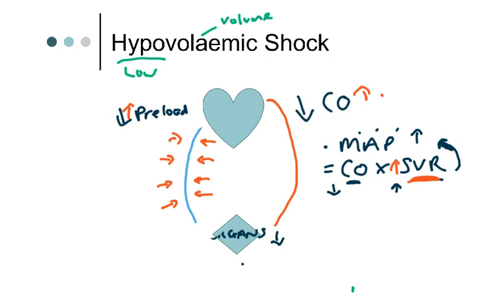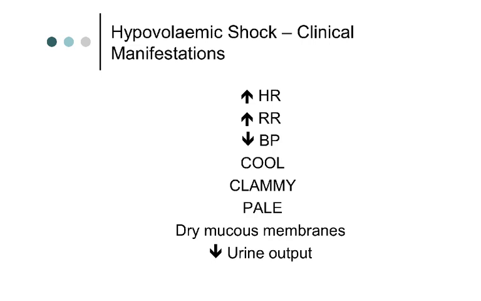This release of adrenaline will display the following symptoms in our patients. So a typical patient suffering from hypovolemic shock will have an increased heart rate or tachycardia, and also will have an increased respiratory rate as the body attempts to bring in more oxygen to the tissues.